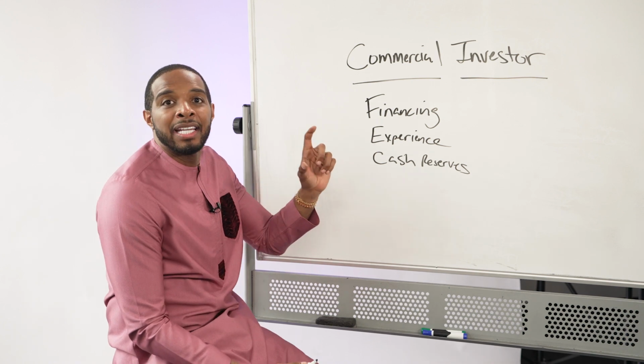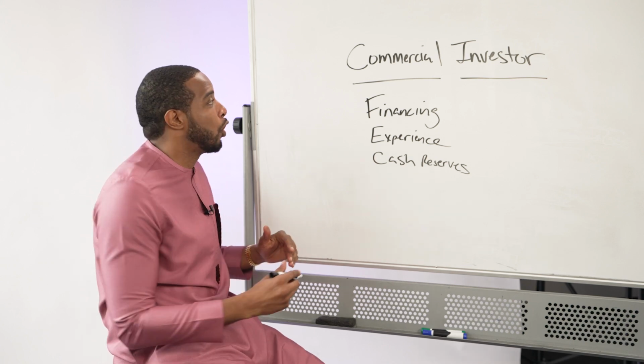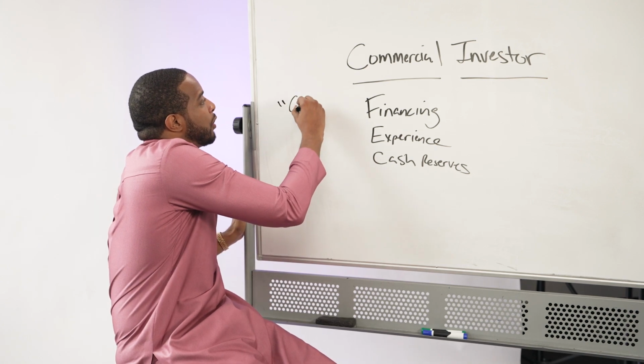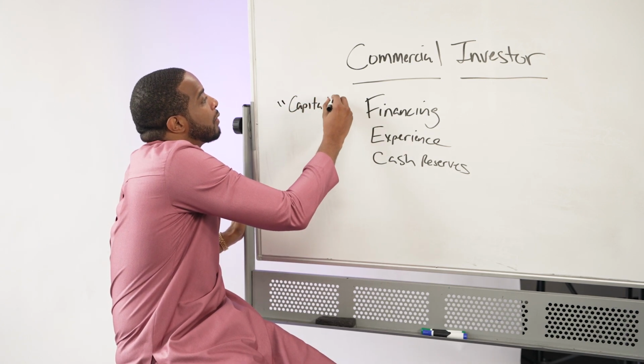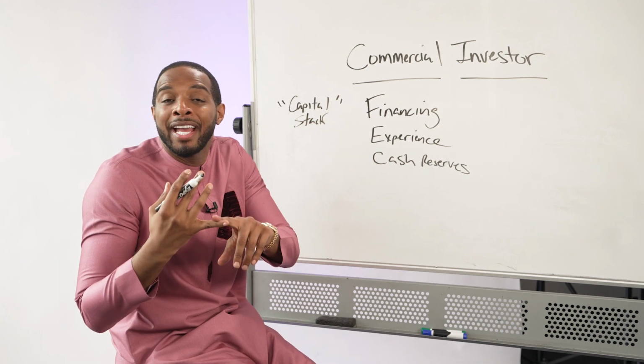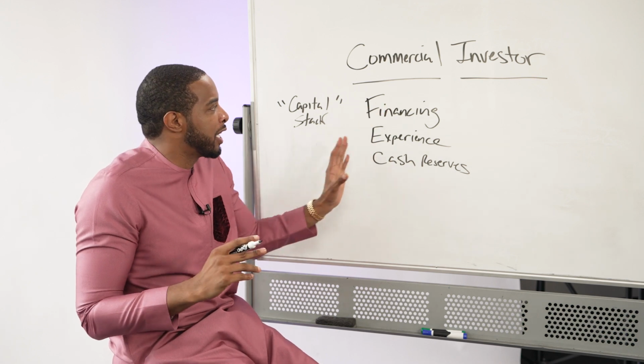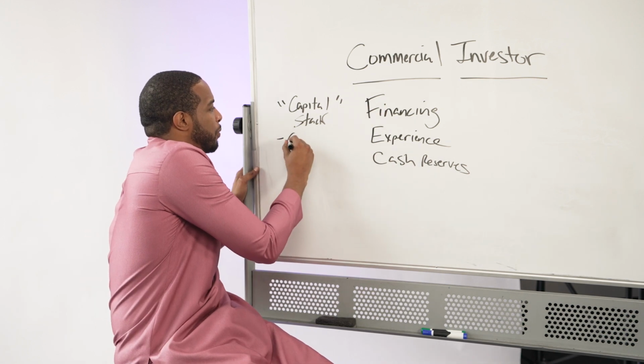That financing, cash reserves, or what's called equity for your deal, is all what's called your capital stack, right? You'll hear that term a lot. Your capital stack. That's how you pile the money up. It could be grants, tax credits, equity, or loans.